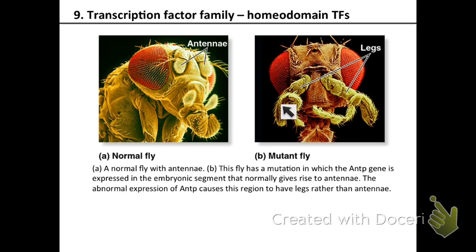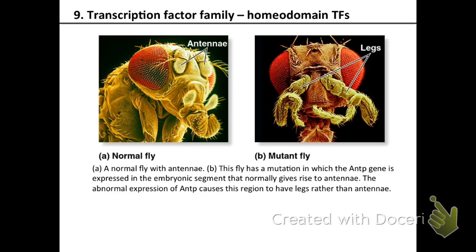And the reason for that is it has a mutation in the antennapedia gene, which is expressed in the wrong place in embryonic development. And now, because it's expressed and it's sufficient to drive the development of these legs, this animal has the unfortunate fate of having these legs coming out of his head, right?